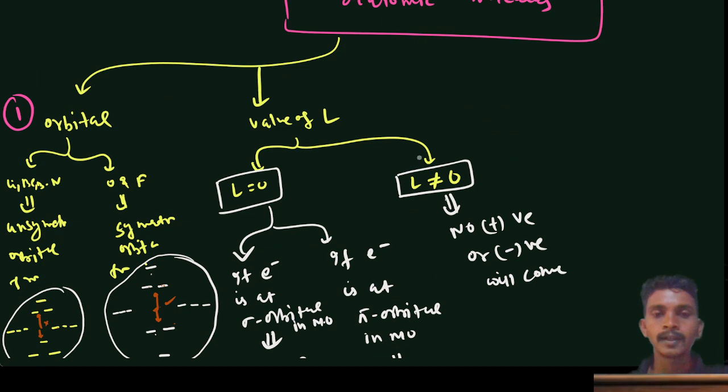And we also know the L values, that is 0, 1, 2, 3: this is sigma, this is pi, and this is delta. This also you have to remember.